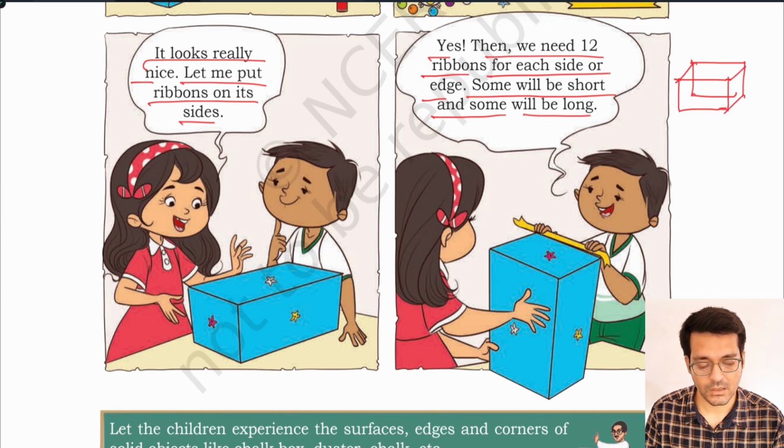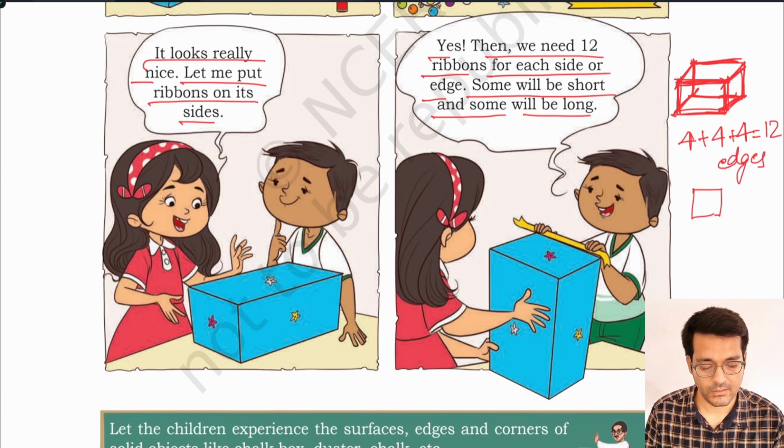If you see it carefully, there are 1, 2, 3, 4 edges on the top surface, 4 edges on the bottom, and 4 in the vertical direction. That is 4 plus 4 plus 4 equals 12 edges.